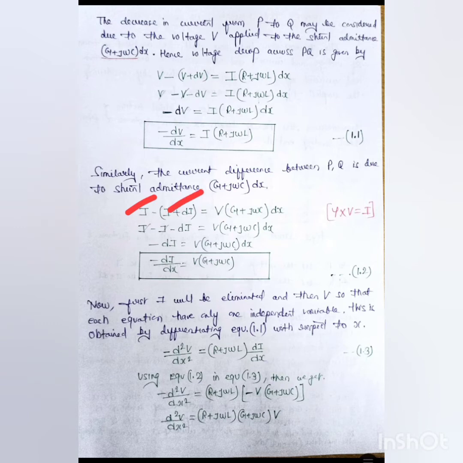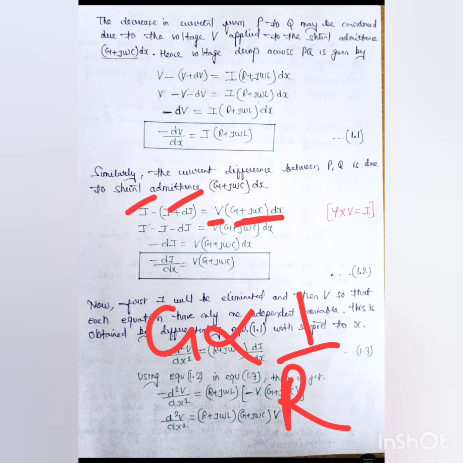So we have taken I minus (I plus dI), and the voltage is constant in that case. The shunt admittance is present here, G plus j omega C, as we know that G is inversely proportional to resistance. So while calculating current, this is the admittance and this is the voltage, and this term represents our admittance part.